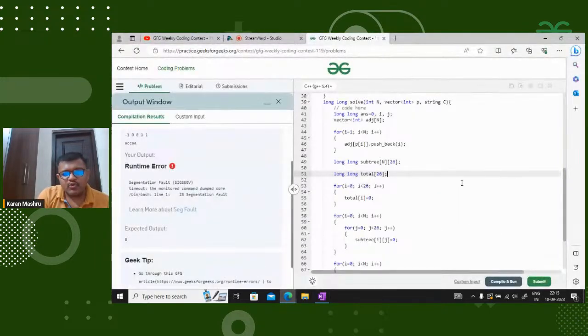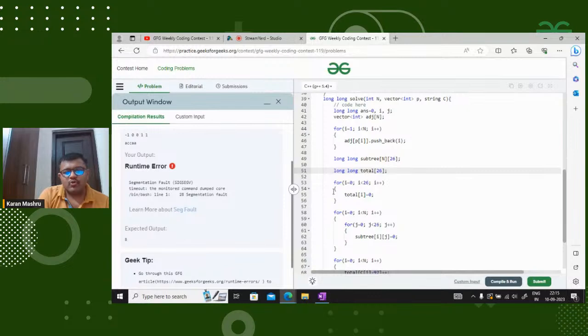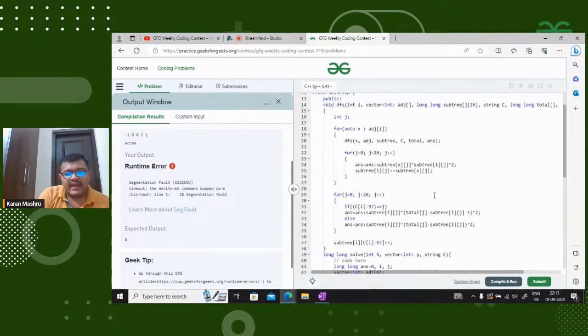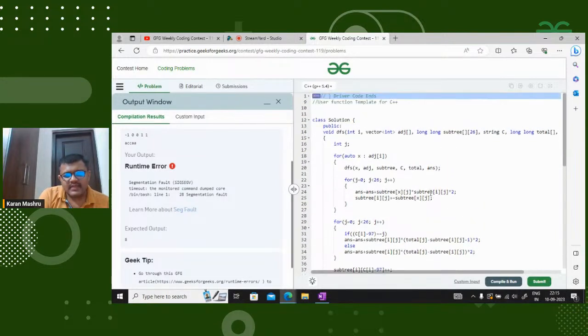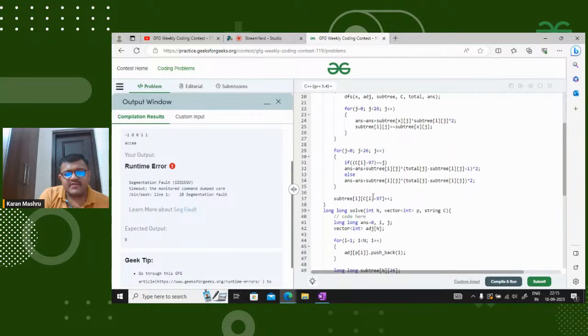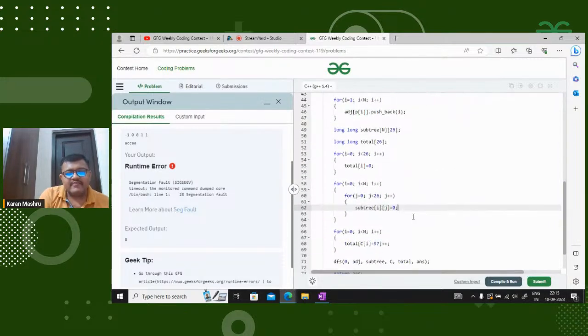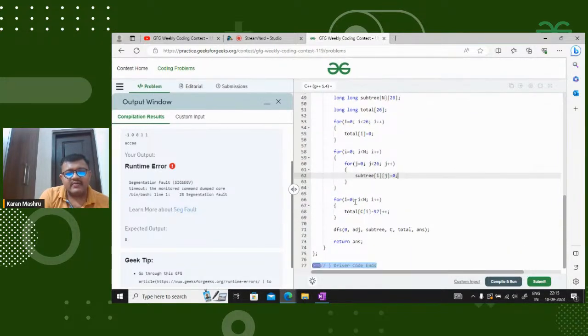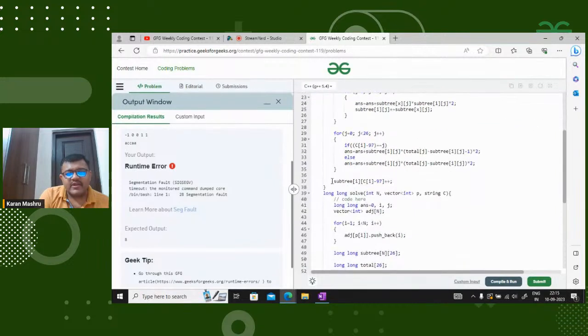So if we look at the code, what we have done is, in total I get the total count of the ith character, and in subtree of ij I get the count of the jth character in the subtree of the ith node. Okay, and then we call the dfs at the end. While we are backtracking, we will increment the count of that character in the subtree.